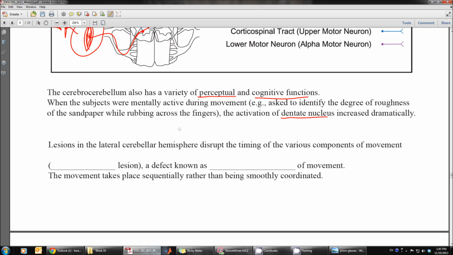So what happens if you damage this area? You will have trouble planning the well-learned movement. For example, if you have a lateral hemisphere lesion, this will result in decomposition of movement, also known as asynergia.